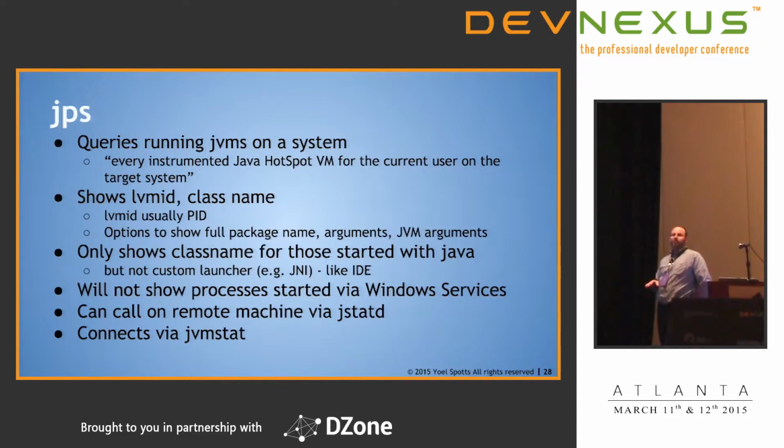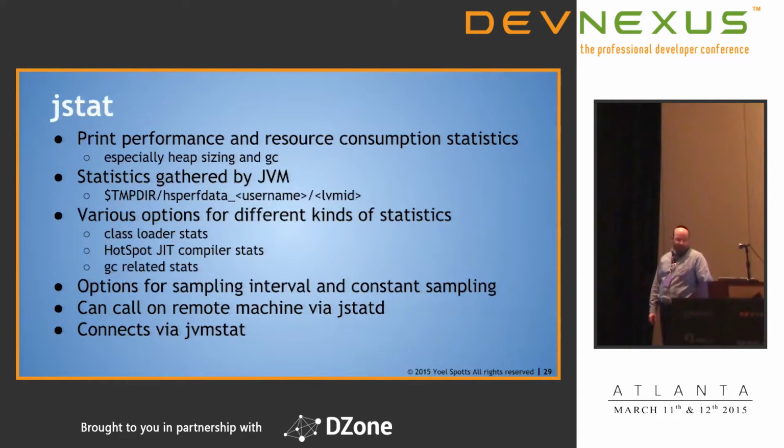Now, just as an aside, what that means is, if you've run your program with that command line parameter to turn off monitoring through jvmstat, it will not show up in this process list, since it won't know about it. All right, next. That's a fairly simple tool.